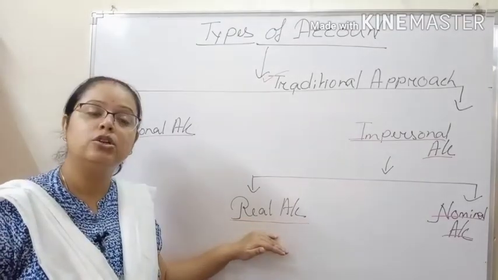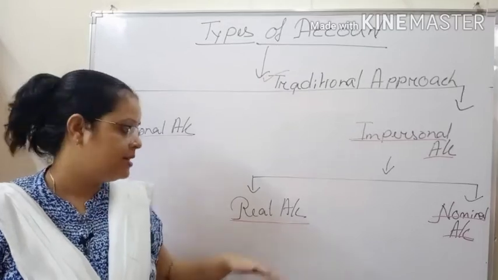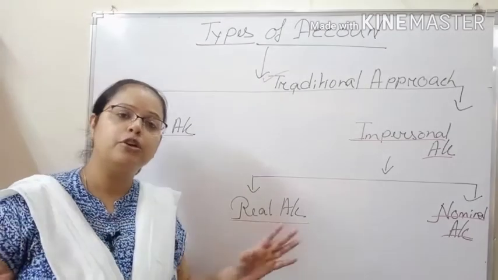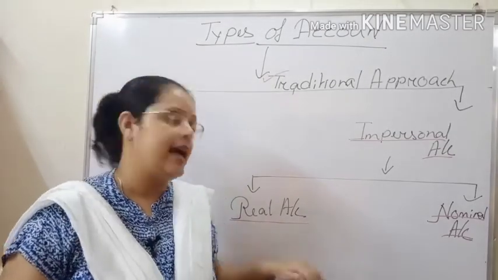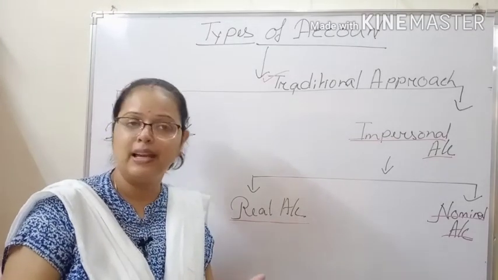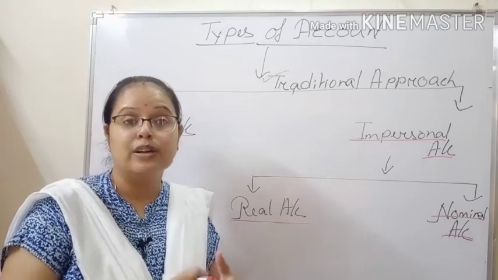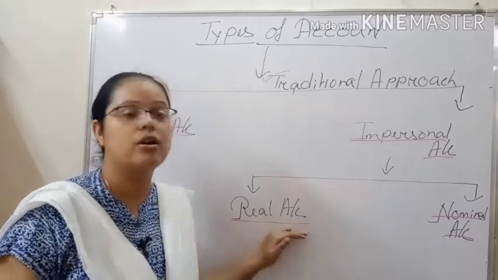This account includes all types of assets of the business. In real account, we record all the assets the business has. For example, furniture is an asset, building is an asset, cash is an asset, bank balance is an asset, and goodwill and reputation of the business are also assets.